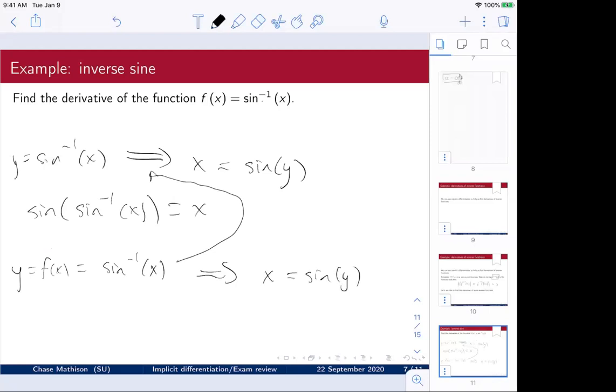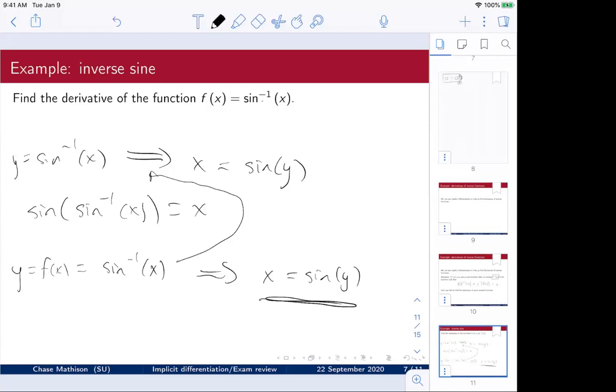So y is still implicitly a function of x, even though now I don't have y just by itself. This is still an equation involving x and y, and I can solve for y if I want, but we're going to start here to find dy dx. That's what we want to find, right? We're trying to find f prime, and y is f of x.